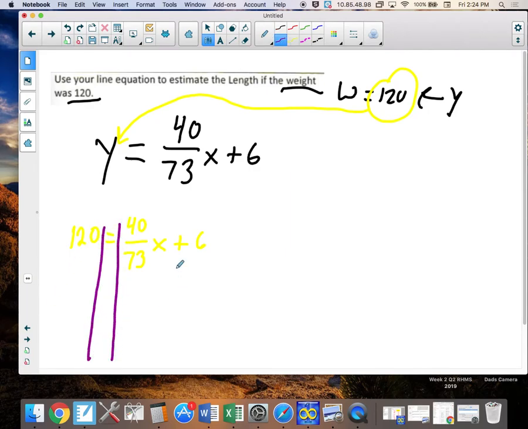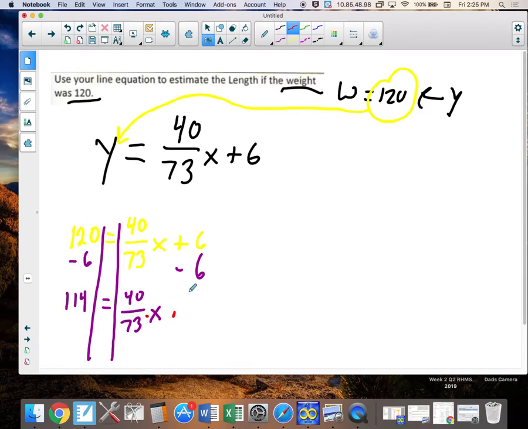Two-step equation. Subtract 6 from both sides. That gives us 114 is equal to 40 over 73x. The fraction is connected to x by multiplication. So we're going to break this multiplication, but instead of dividing a fraction by a fraction, I don't want to do that.